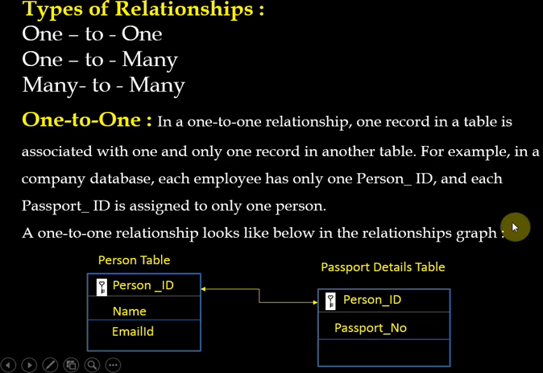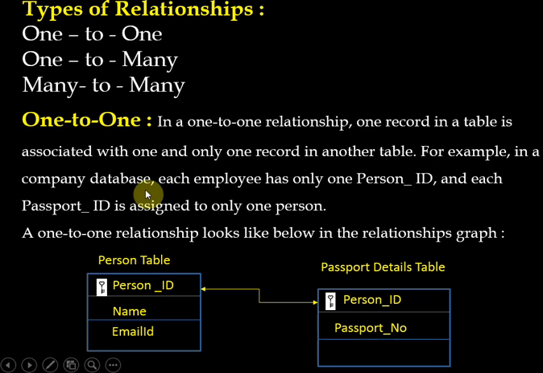For example, in a company database, each employee has only one person ID. And each passport ID is assigned to only one person. If you look at your school, every student is assigned a roll number or register number.